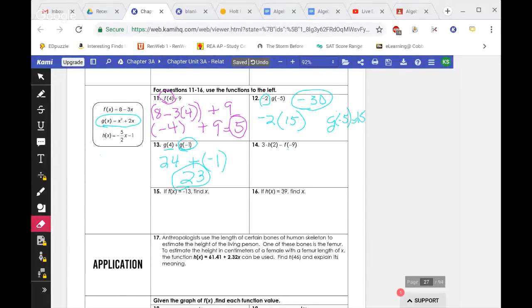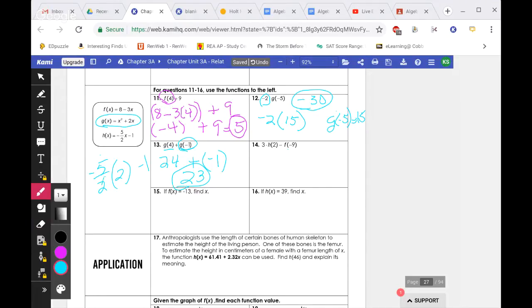So h defined at 2. I'm going to simplify before I multiply. That's going to give me negative 5 minus 1, so that's going to be negative 6.